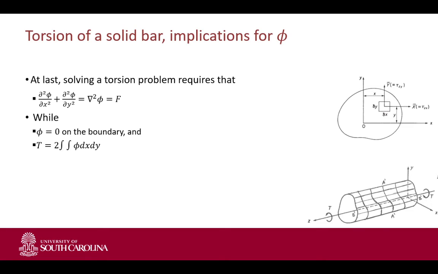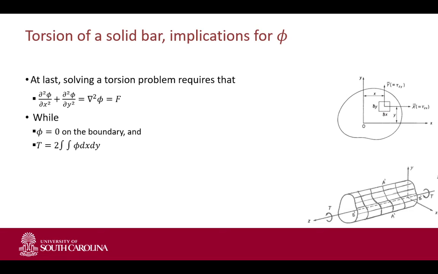At the same time, if our function phi satisfies that the second order derivative of phi with respect to x plus the second order derivative of phi with respect to y is a certain constant, then our function phi is valid as long as these two secondary statements are true as well.